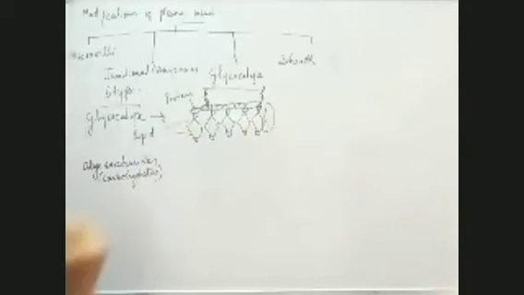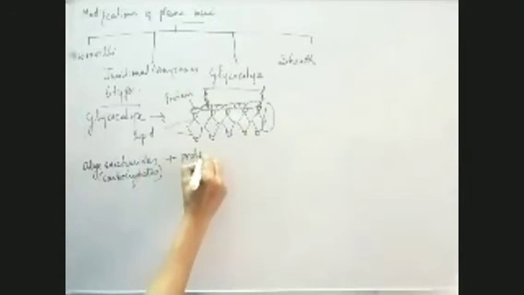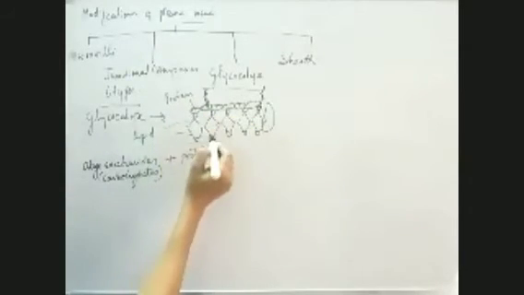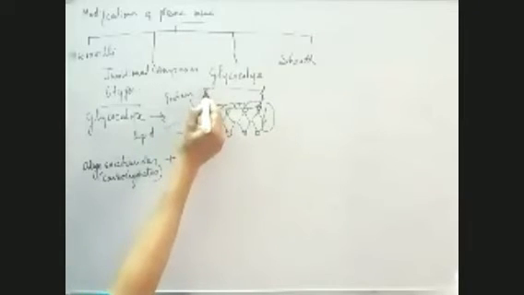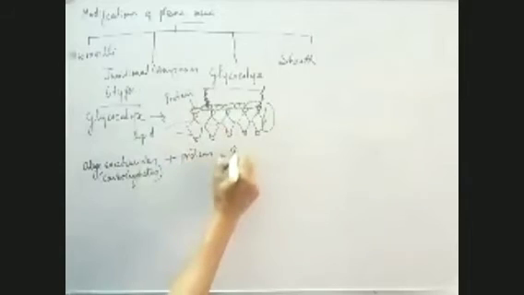When the oligosaccharides are attached to proteins, like here, this top one is protein, and these 2 layers are of lipids. So when the oligosaccharides are attached to proteins, we call it glycoprotein.